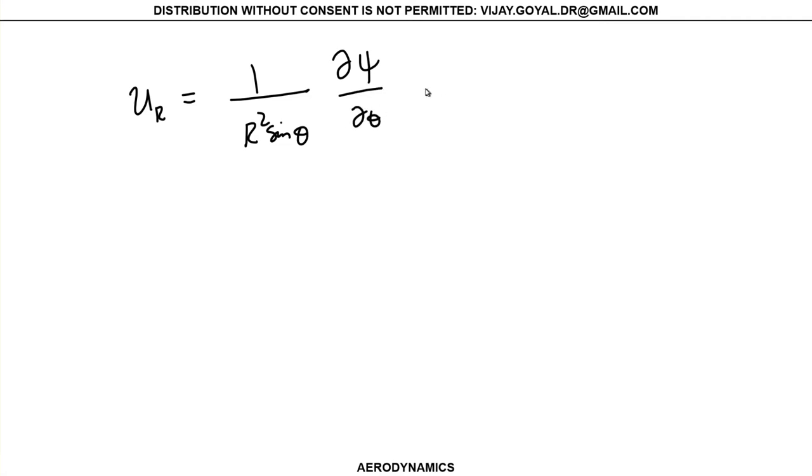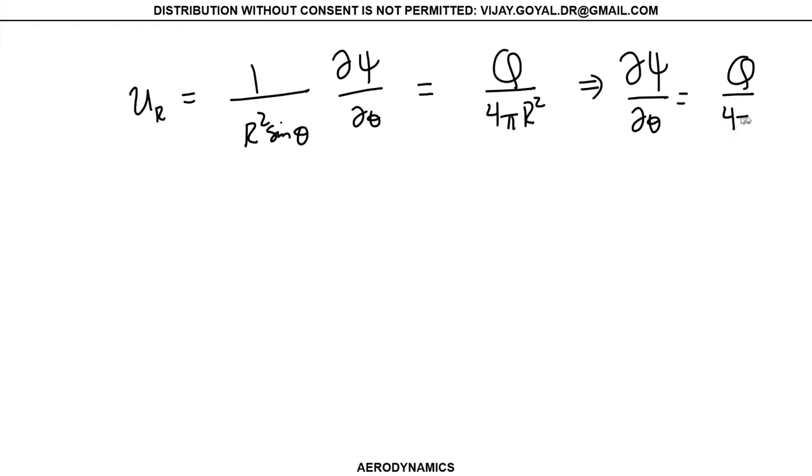If you want to know what your stream potential will look like, then you can do the same thing. Just know that this is equal to R squared sine of theta, partial of psi over partial of theta. This is going to equal Q over 4 pi R squared. And then from here, you can show that partial psi over partial theta is Q over 4 pi sine of theta.